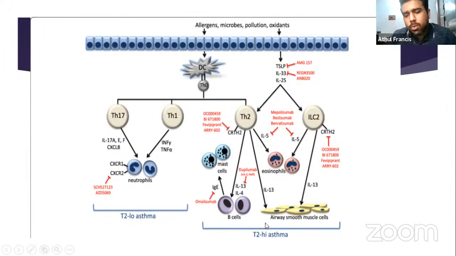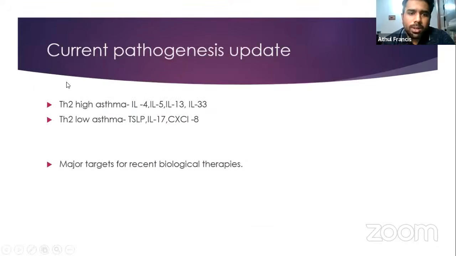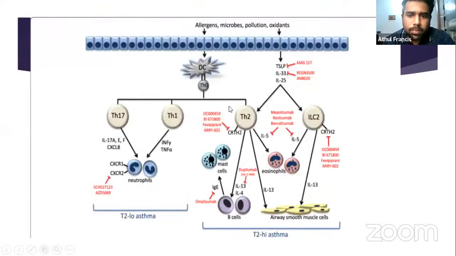The important point here is to identify the phenotype if the asthma is uncontrolled, because the treatment of the Th2 high phenotype and the Th2 low phenotype is completely different. There are various markers like interleukin 4 and interleukin 5, and mainly targeted therapies which will be useful later in severe asthma cases. I'll be discussing that later.